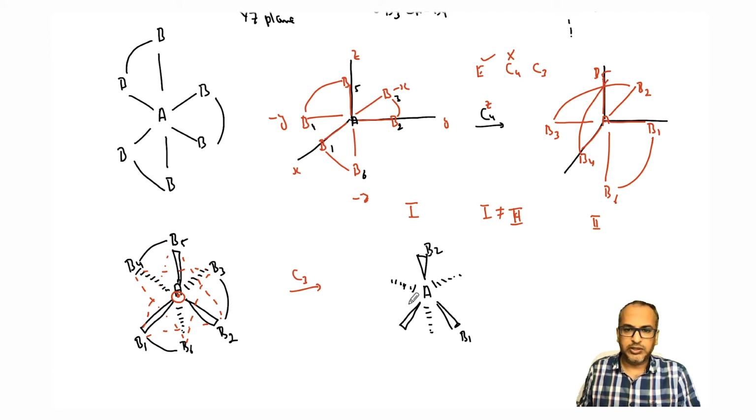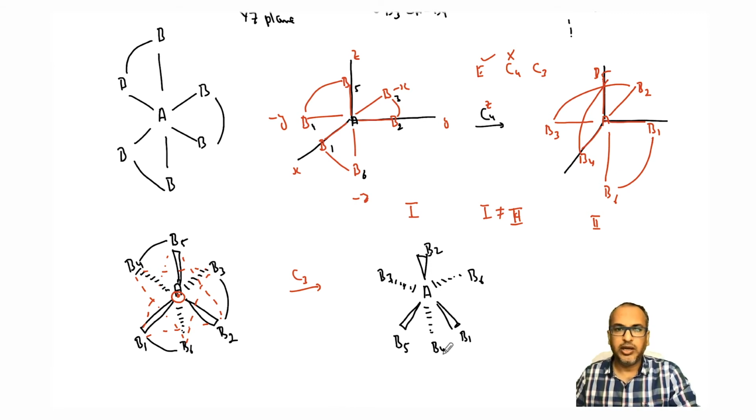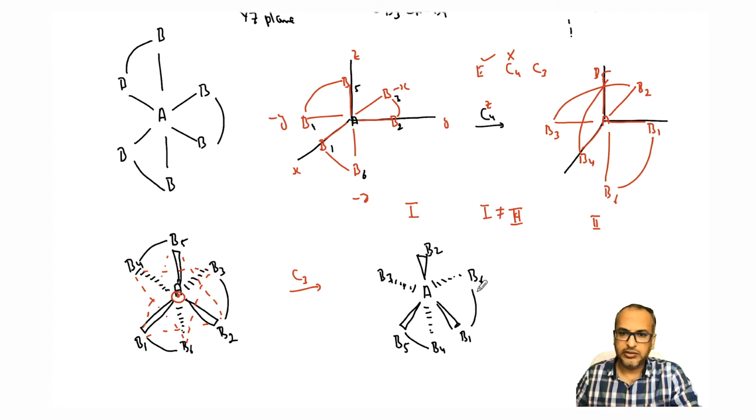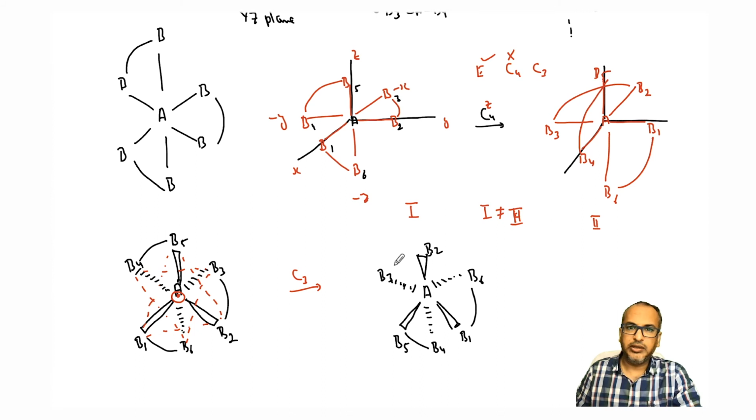It's an anti-clockwise rotation of 120 degrees, and B5 comes over here. Similarly, B6 goes here, B3 comes here, and B4 comes here. Now the original connections were B4 to B5, then B1 to B6, and B3 to B2.